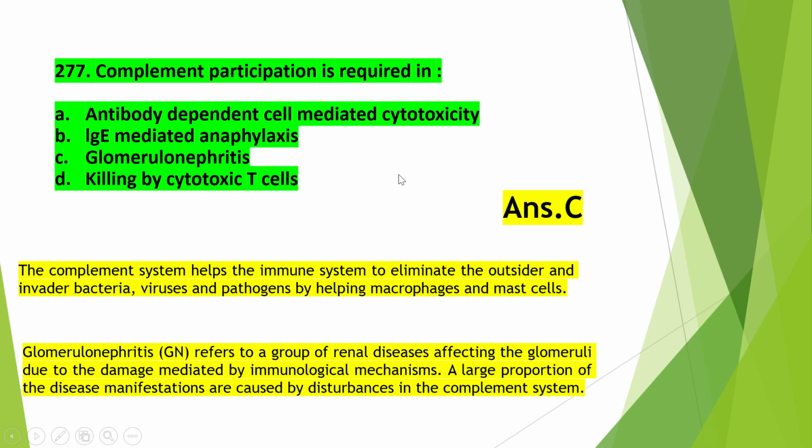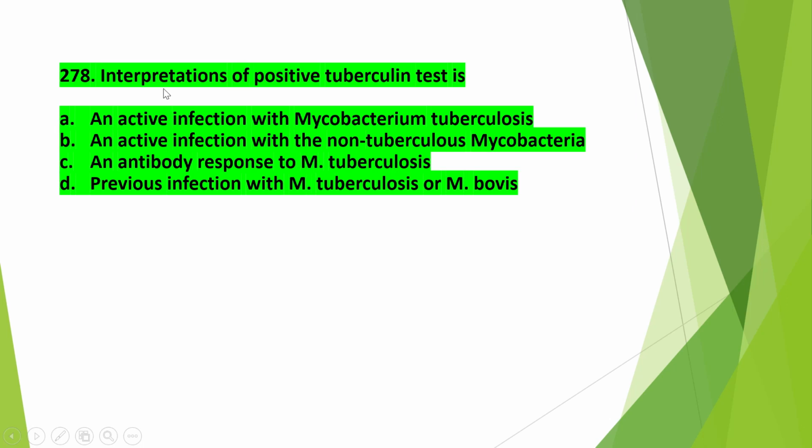Move on to the next question: interpretation of a positive tuberculin test is an active infection with Mycobacterium tuberculosis, an active infection with non-tuberculous mycobacteria, an antibody response to Mycobacterium tuberculosis, or previous infection with Mycobacterium tuberculosis or Mycobacterium bovis.